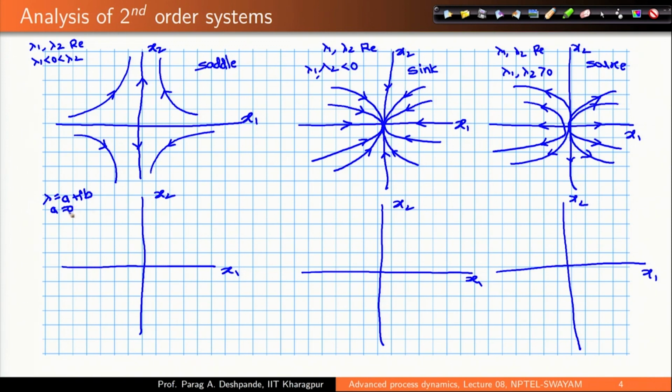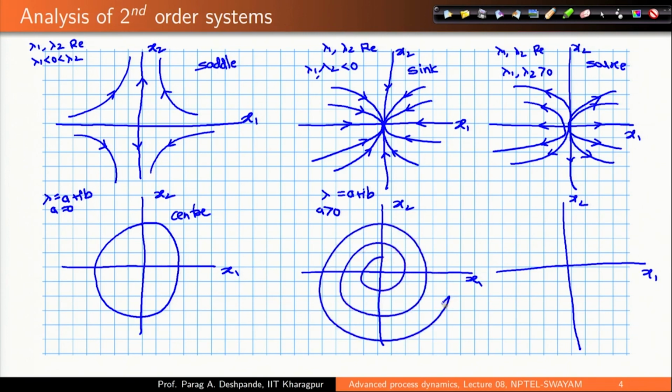So, when you have lambda of the form a plus i b, where a is 0, which means you have purely imaginary eigenvalues, then you get a center solution.